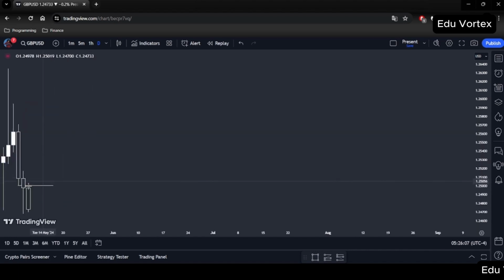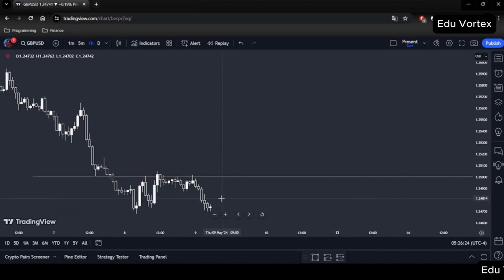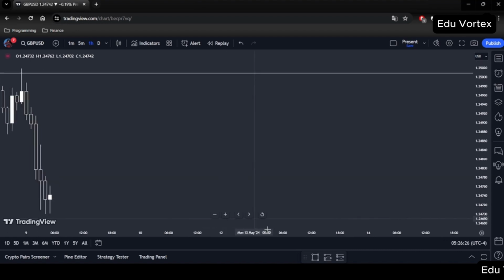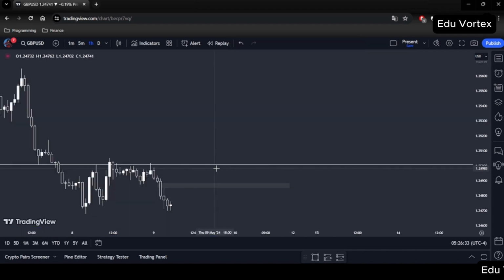So is there a high chance of us going here? Of course there is. But in my time frame, it's showing me we're likely to go here in the higher time frame, but not likely to go here right now. We could perfectly manipulate lower into here, and I'm just going to take the loss.